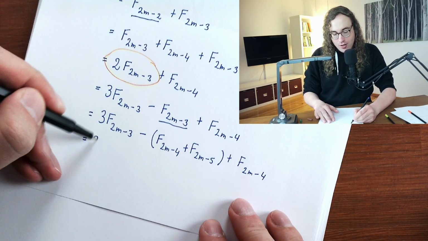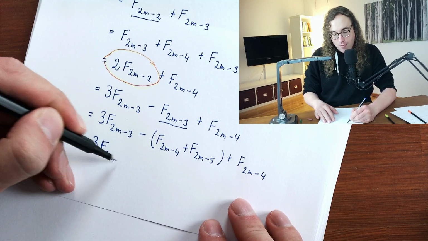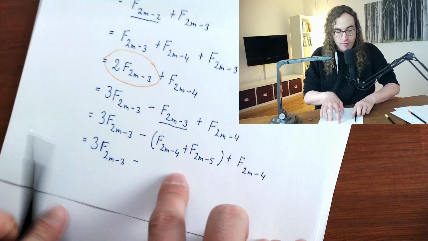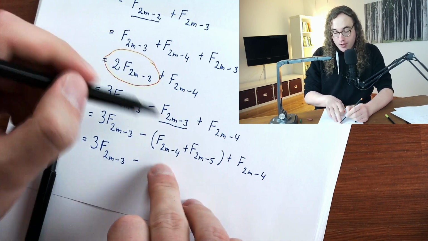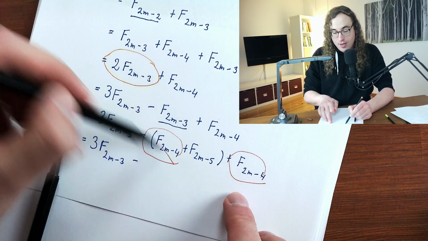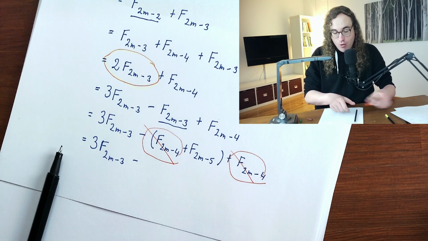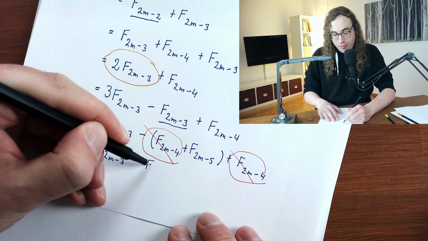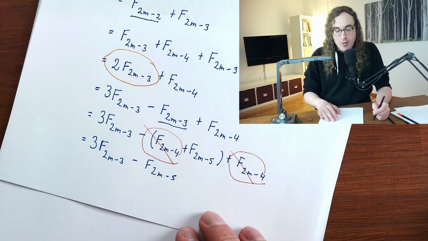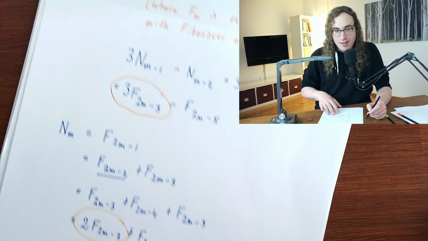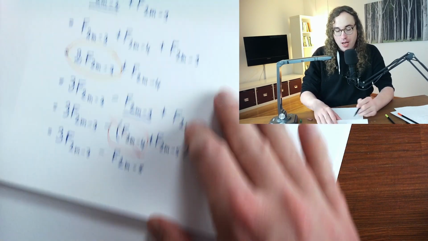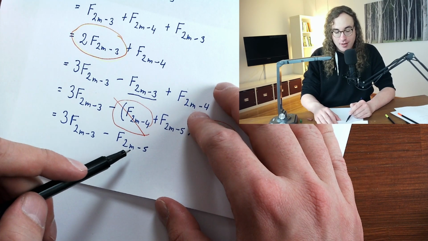Here I have f2m minus 4 with a minus, and here I have the same thing with a plus. So these actually cancel. So I only get minus f2m minus 5. Remember this? Actually, this is exactly the same thing as we had up here, right? This is also minus f2m minus 5.